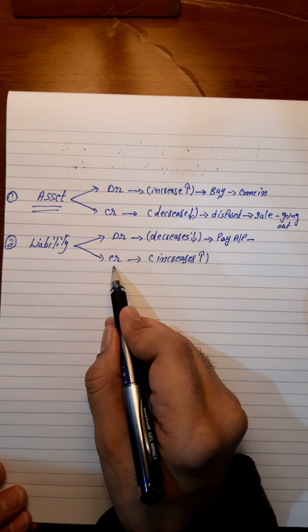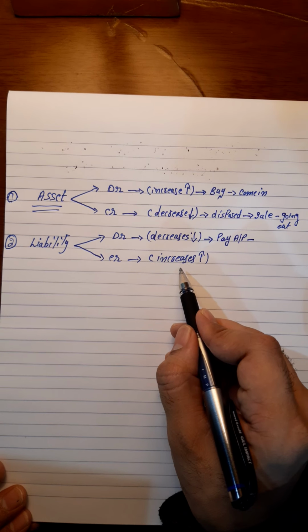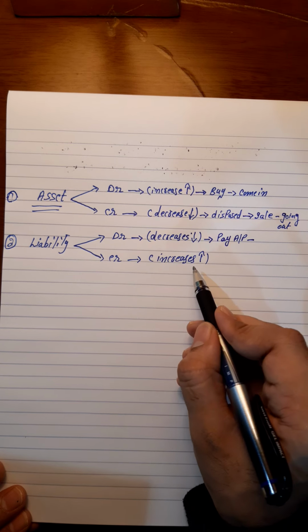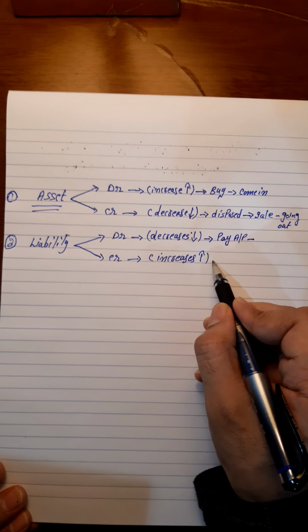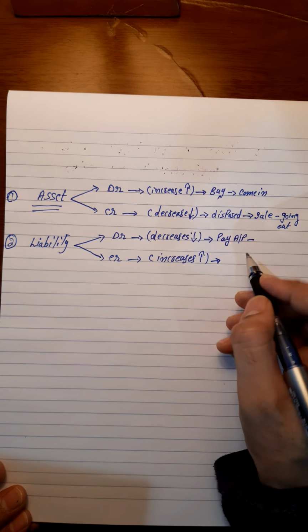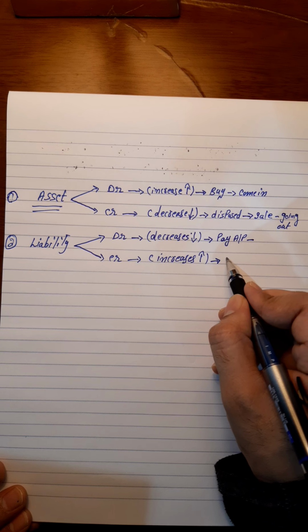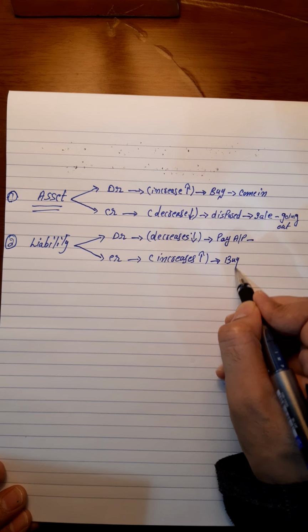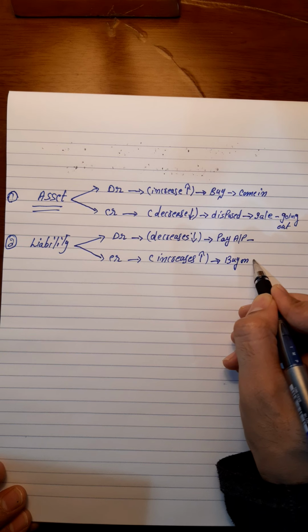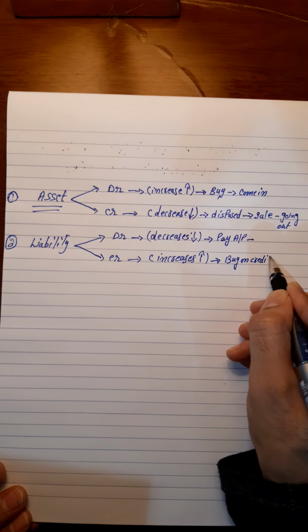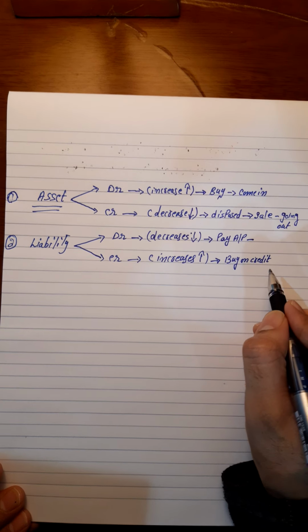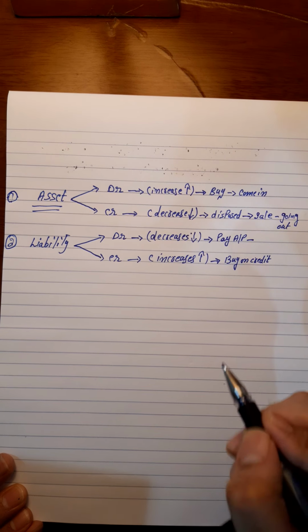Okay, liability will credit when liability increases. How does liability increase? When we buy on credit. Very simple, friends. These are basic rules.